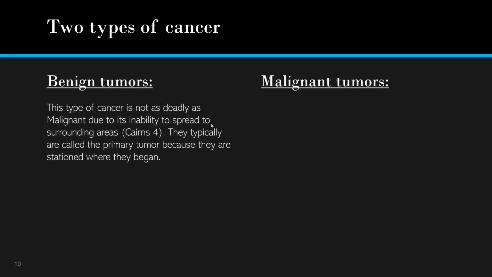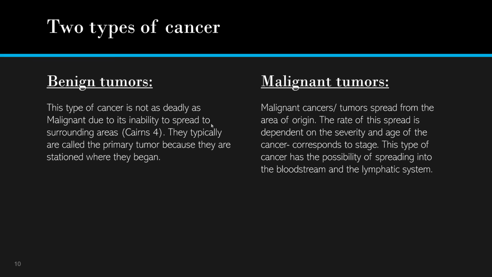Benign tumors, they're located in the primary tumor spot, like where they began. They don't spread. They're just localized, which is why surgery is the best procedure to get rid of them. Malignant tumors, they can spread throughout the entire body. And this is due to a process called EMT.